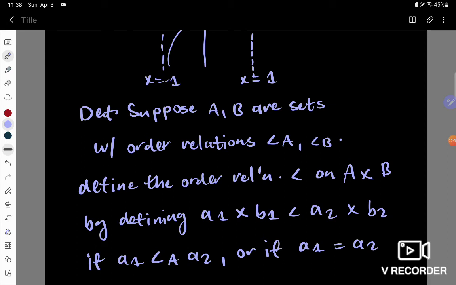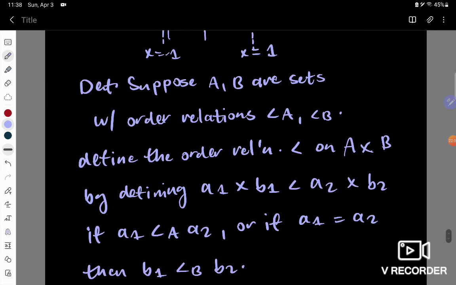Or if a1 is equal to a2, then we look at the second coordinate, b1 and b2, in its corresponding set B. So we go element by element, with the leftmost ones having priority, and if they're equal, we go to the next one, so on and so forth.